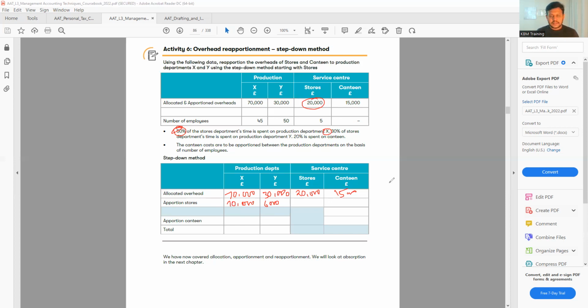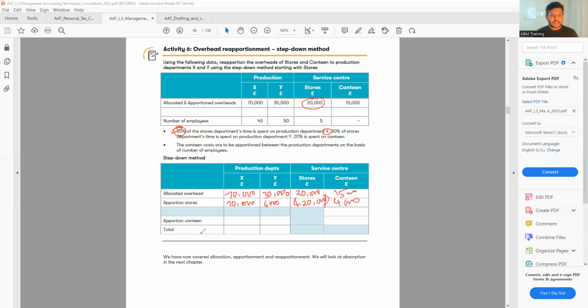And the 20% will be in the canteen. So the canteen will be 4,000. That's it. So this 20 will be gone.